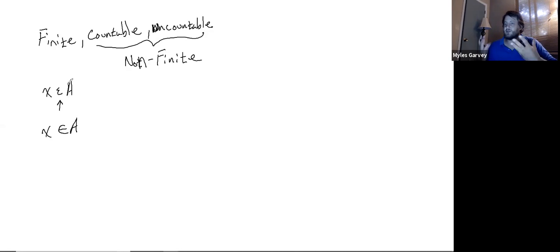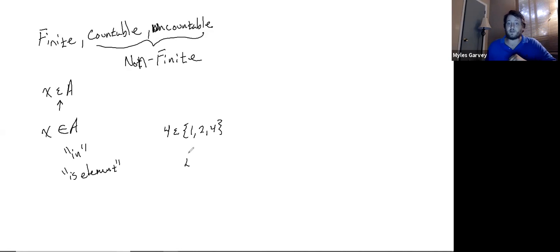That's because I've just been doing that my whole life, and I apologize. But some people do write it like that. This symbol just stands for in or is element. So for example, 4 is in the collection 1, 2, and 4. Why? Because 4 is an element of this set.